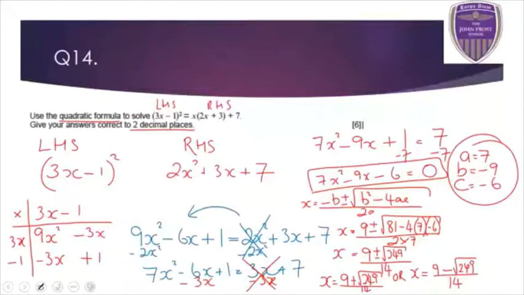Okay, and before I give you the answers, remember, that's why you split up. So there's a plus on one and a minus on the other. Everything is exactly the same. Okay, so when you do that on the calculator, the two answers are x equal to 1.77 or x equal to minus 0.48.